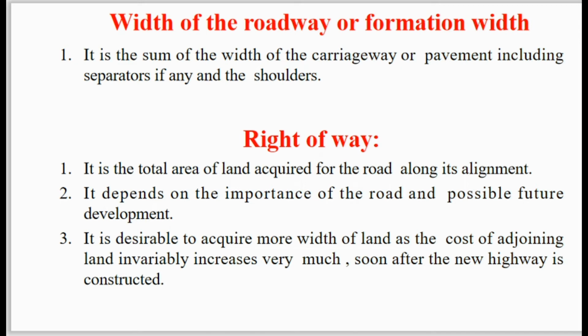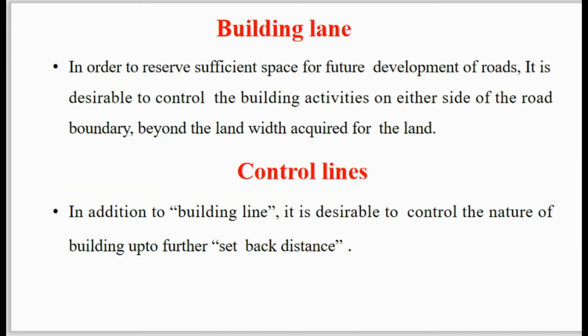Next, building line. In order to reserve sufficient space for the future development of the road, it is desirable to control the building activities on either side of the road boundary beyond the land width acquired.